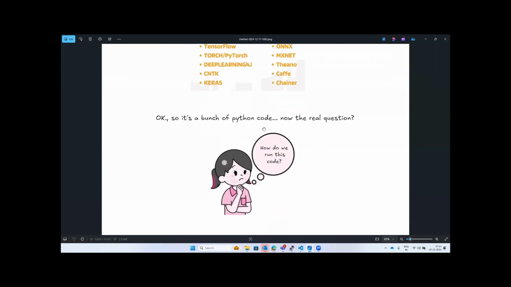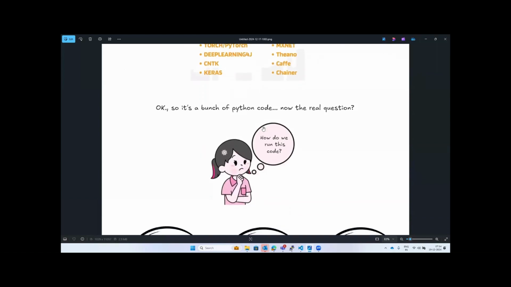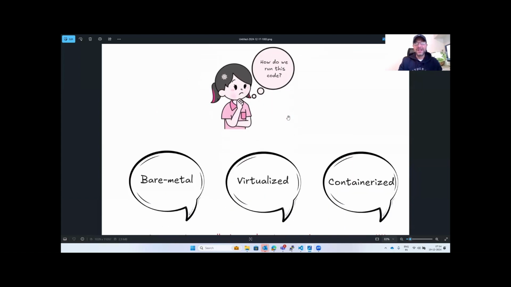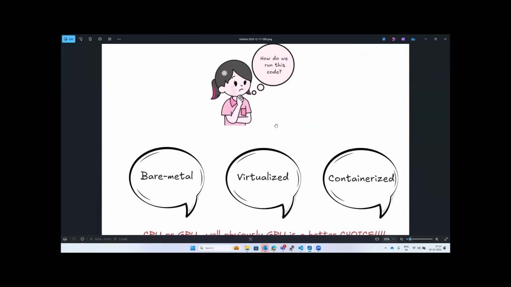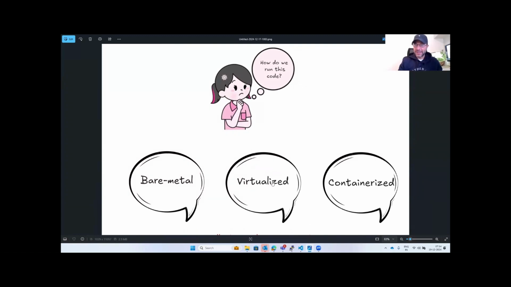And then the real question is, how do we run this code? How do you typically run a Python code, right? It's like running a Python script. If you have a Python environment, now that Python environment could be on a bare metal server, or it could be a virtualized VM or an EC2 instance, or even a containerized platform like Kubernetes giving you access to a Python environment in a Docker container or a container running on top of Kubernetes.